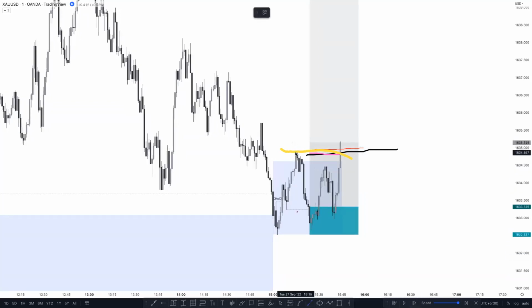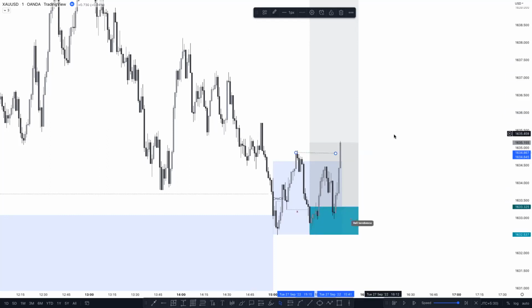Now the break of structure is here, correct? After breaking the first high, our stop loss should be at the break even point, correct? So now, yes, this can be your next possible entry, correct? Yes, this can be a possible entry for the buy, right?